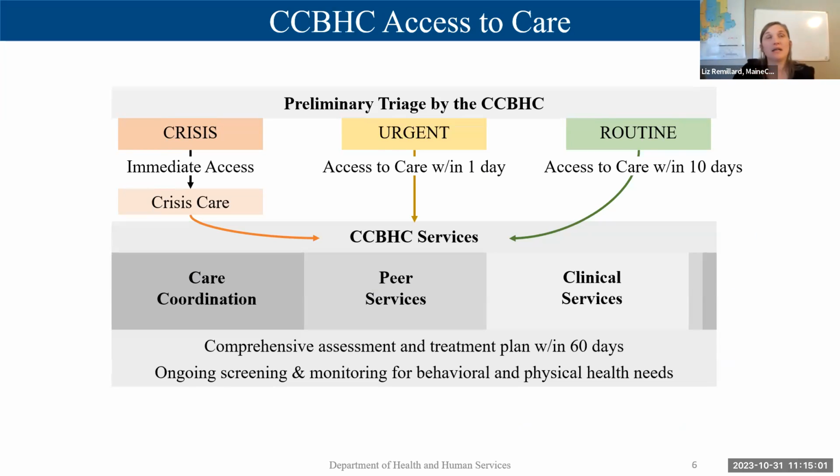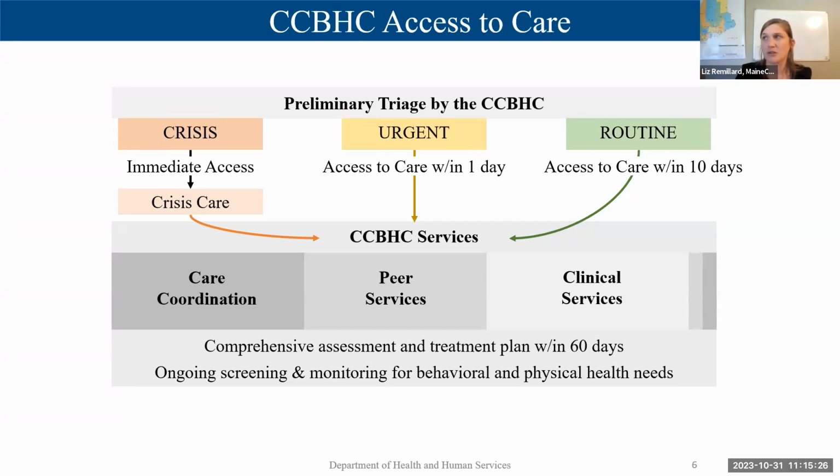CCBHCs are intended to increase access to care, and I think this simple visual helps to demonstrate what we expect of our CCBHCs when we're working towards the discussions around certification and what we want to see for access to care and services. So as we try to make flexibilities within the service design, this is really where our intentions lie.